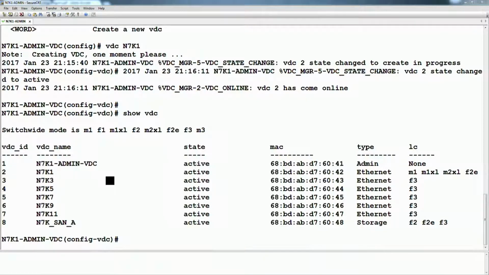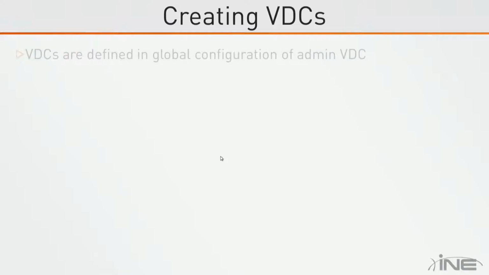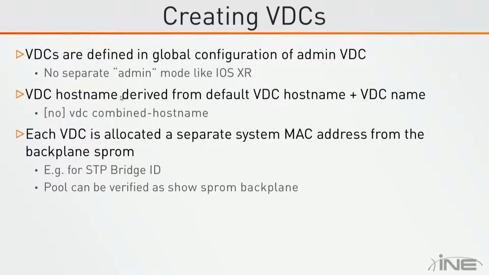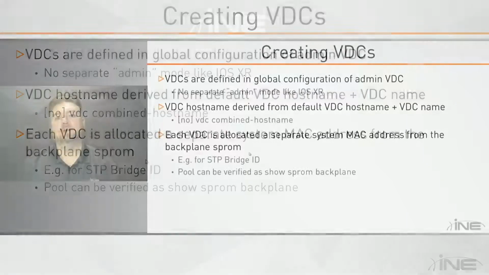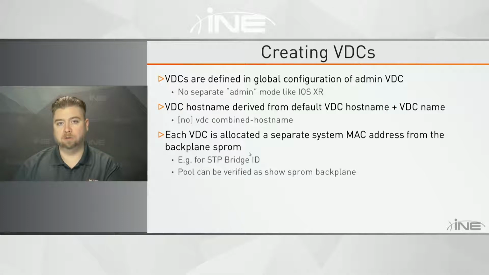Go back to the slide here. One of them is going to be no VDC combined host name. This means that by default, when you look at the prompt of the switch, it's going to have the admin context name followed by the user context name.